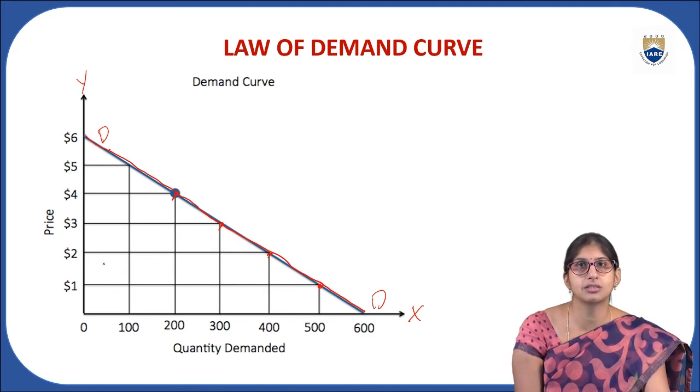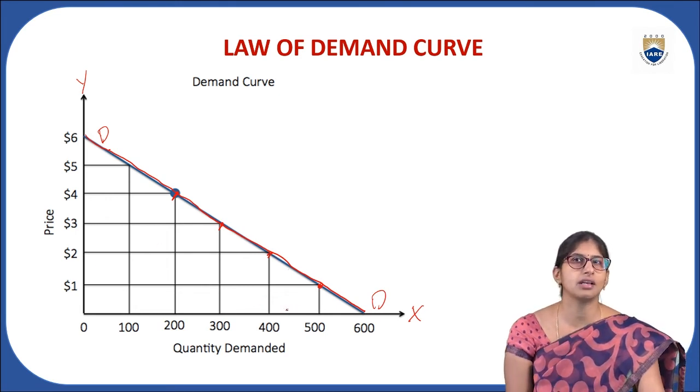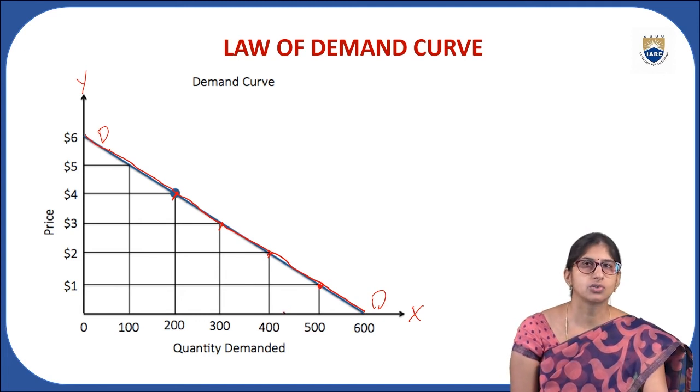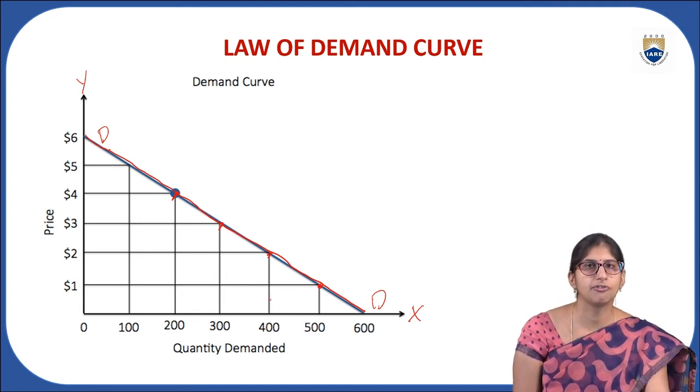When the price is $2, it increased to 400 units. And when the price is $1, the quantity demanded increased to 500. Or we can take it like this also: if the price is 1, the quantity demanded is 500. If the price is $2, the quantity demanded decreased to 400. So anyways, we can justify this, right? So this is the law of demand curve.